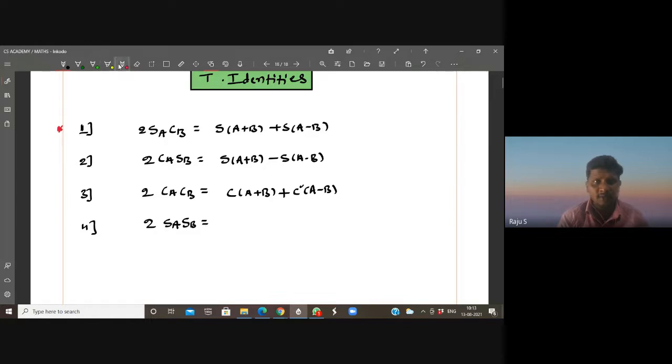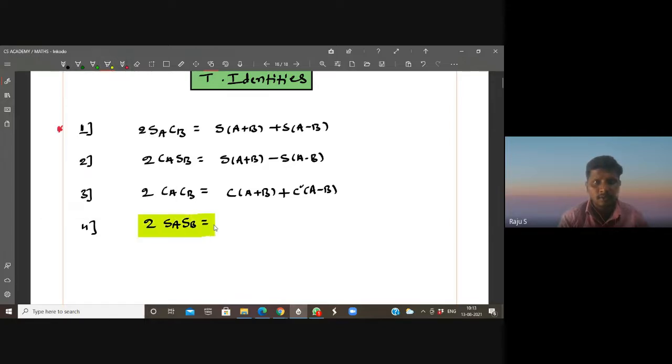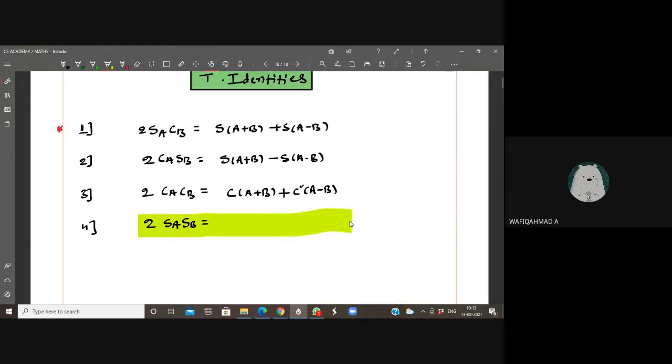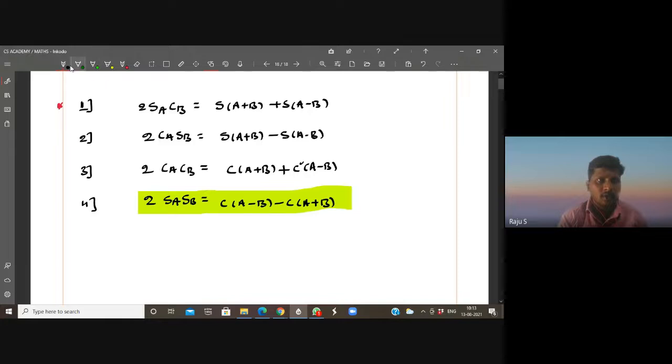Anyone can say this formula? Yes, students? So it's better you write minus of cos A plus B minus cos A minus B. You can write it like this: cos of A minus B minus cos of A plus B. So remember this. Clear?